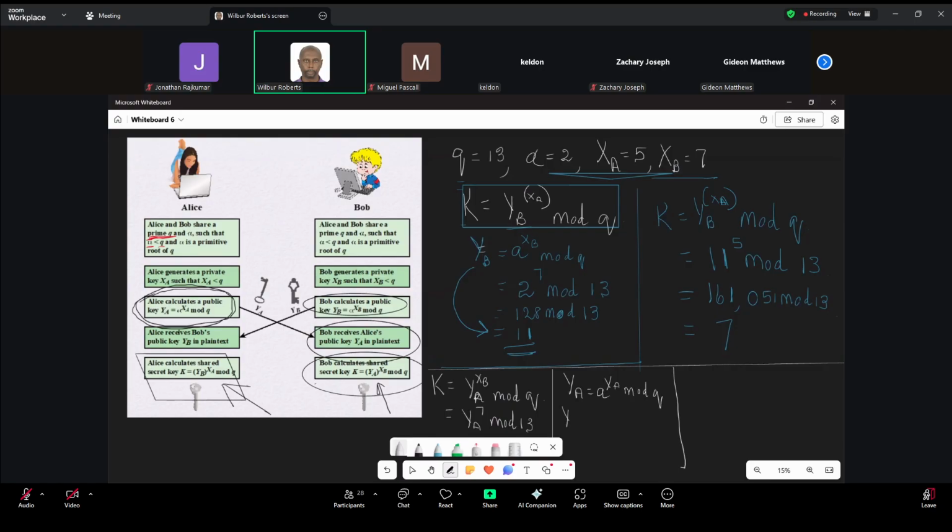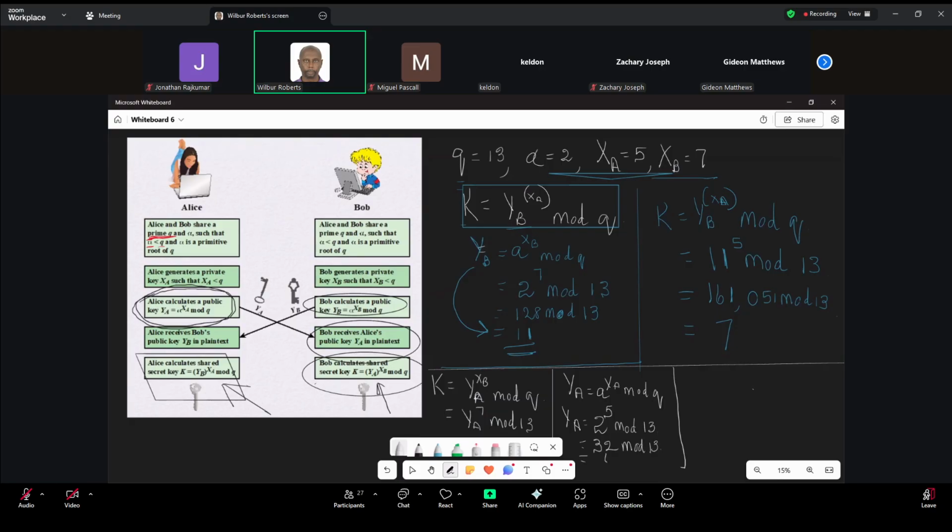So YA is equal to alpha, which is 2, to the XA, which is Alice's secret key, 5, mod Q, which is 13. So 2 to the power of 5 is equal to what? 32. 32 mod 13, the remainder is equal to what? 26, and how much? 6?